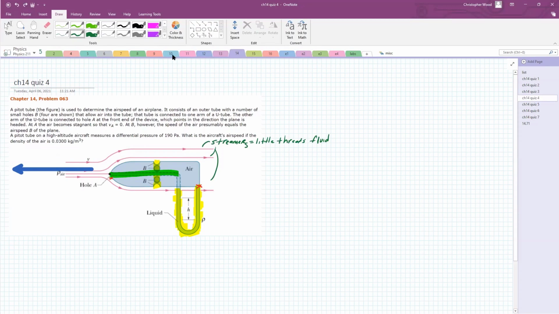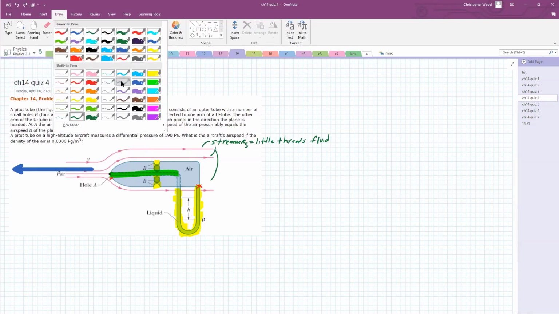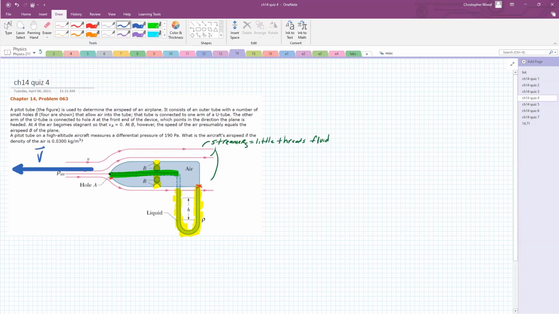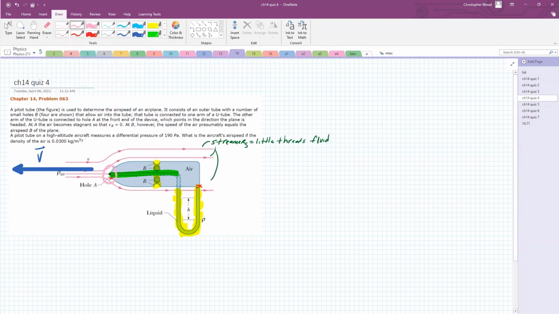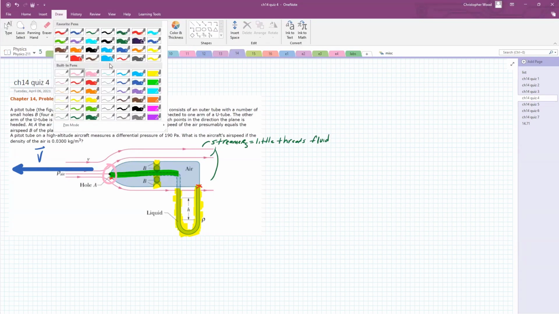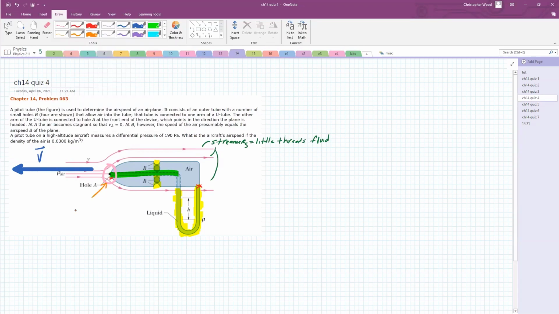Okay, so let's keep reading. The airplane is going in this direction, V for velocity. Now it says at point A, right here, there's a log jam. At point A, the air becomes stagnant. So at point A, there's just not an opportunity for the air to flow through the pitot tube. There's a very acute log jam. All the air is jammed up.